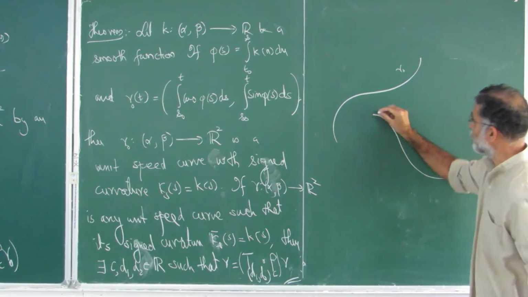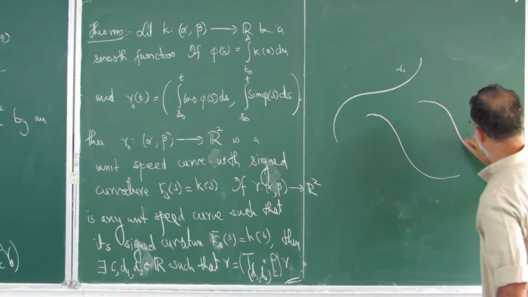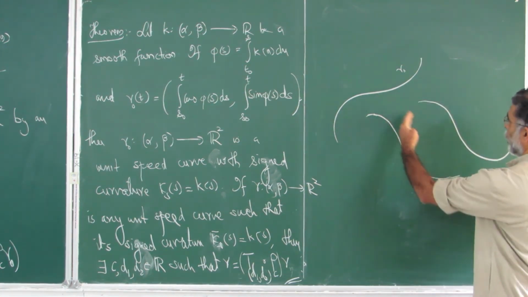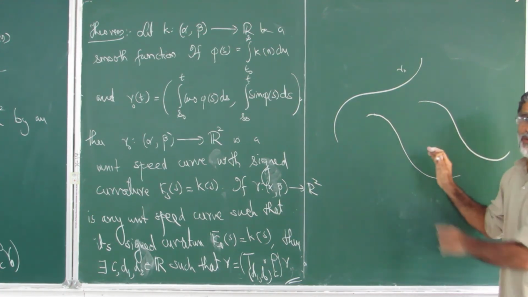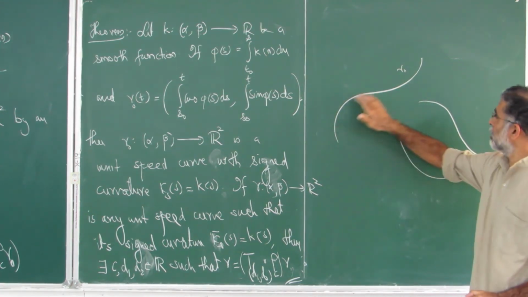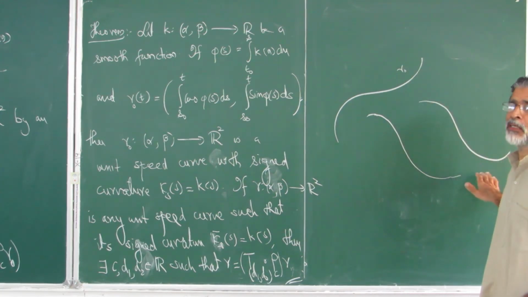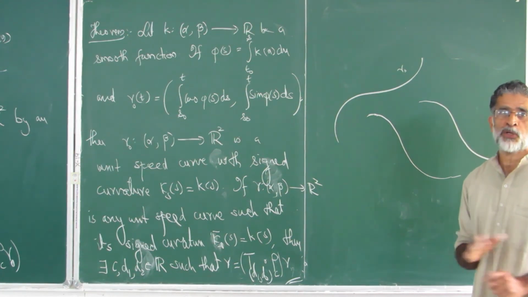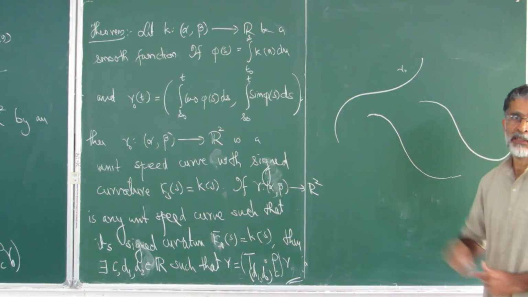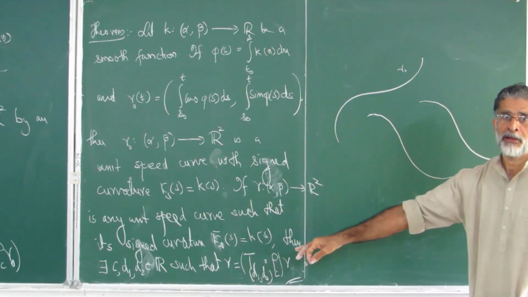So there are plenty of curves of this type. This will also be obtained by rotating by a particular angle and translating it. If you are traveling along any of these at unit speed, you feel no difference at all, because in the same way you keep moving left and right in all of them, because they all have the same signed curvature.